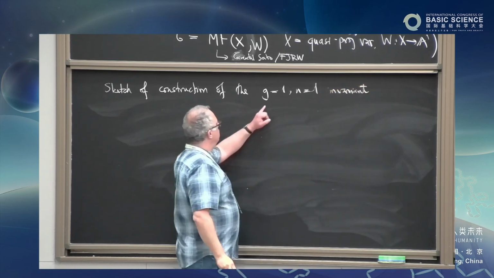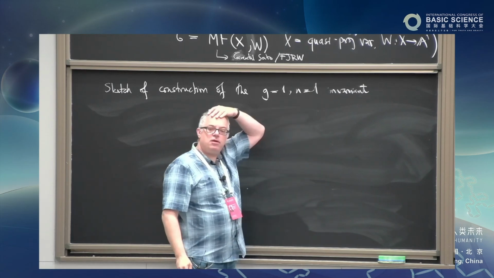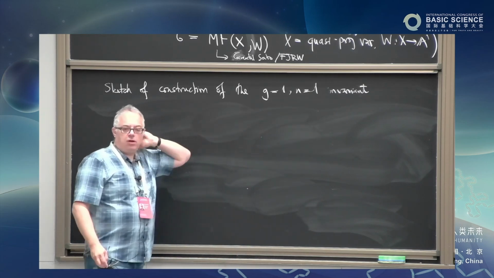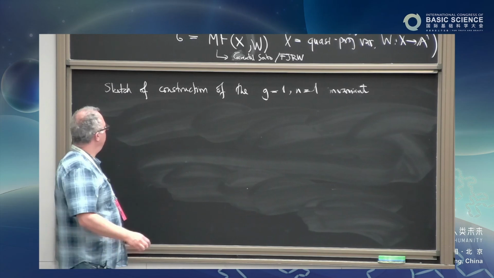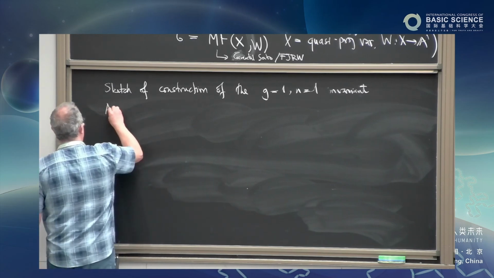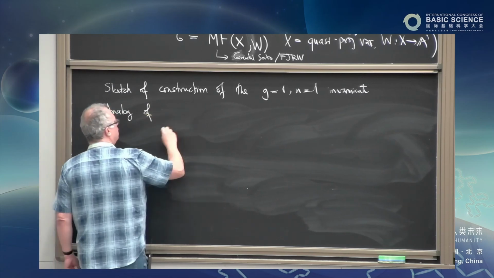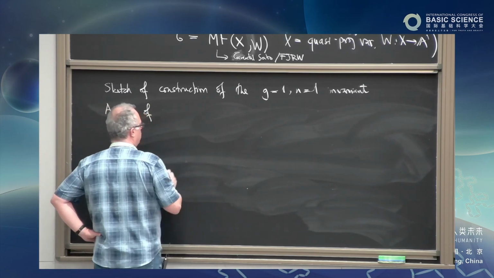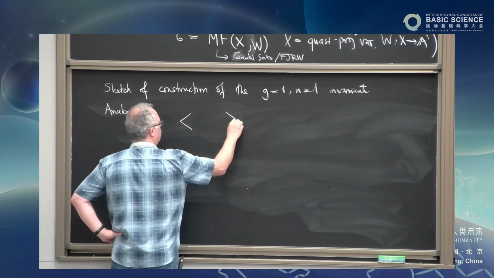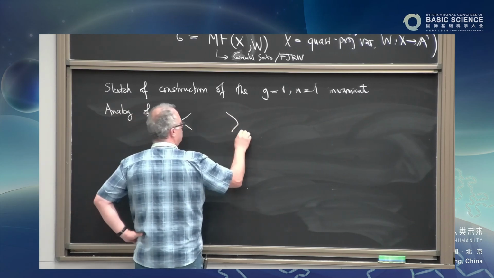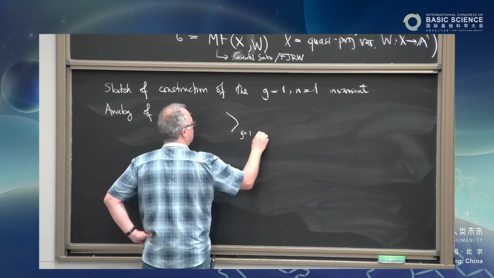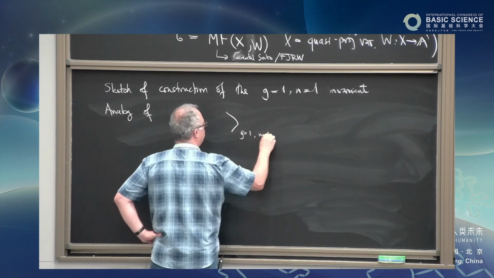So when I say genus equals 1, n equals 1 invariant, imagine that this would be the analog of what in Gromov-Witten theory would be called a genus 1, n equals 1 invariant.